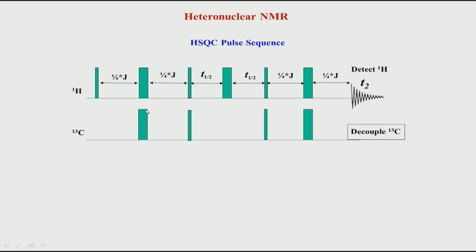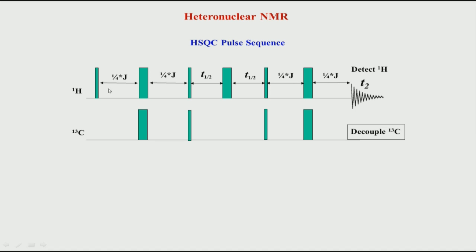In the last class we looked at two different types of pulses: an inversion pulse and a refocusing pulse. Inversion is basically taking magnetization from z to minus z, whereas a refocusing pulse takes the magnetization from x to minus x or y to minus y. This is the definition of a refocusing pulse.